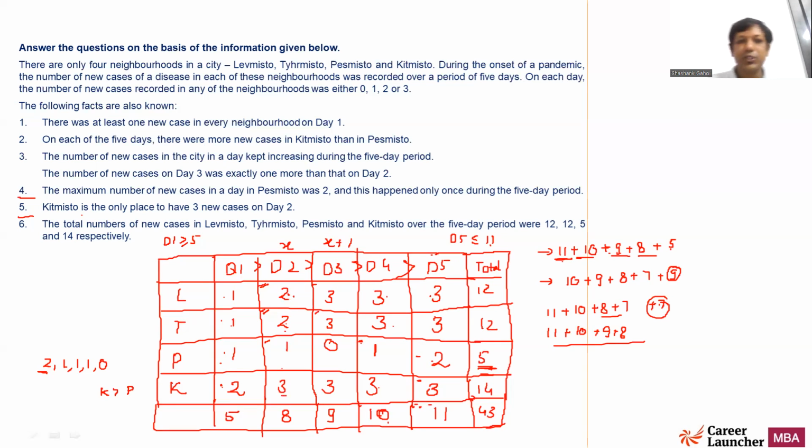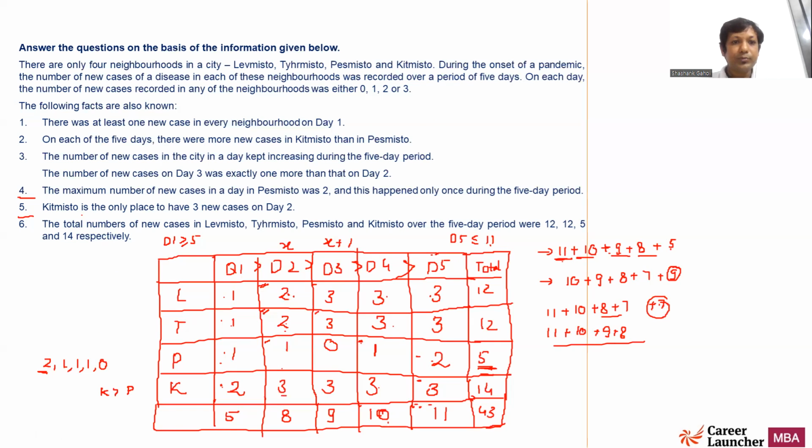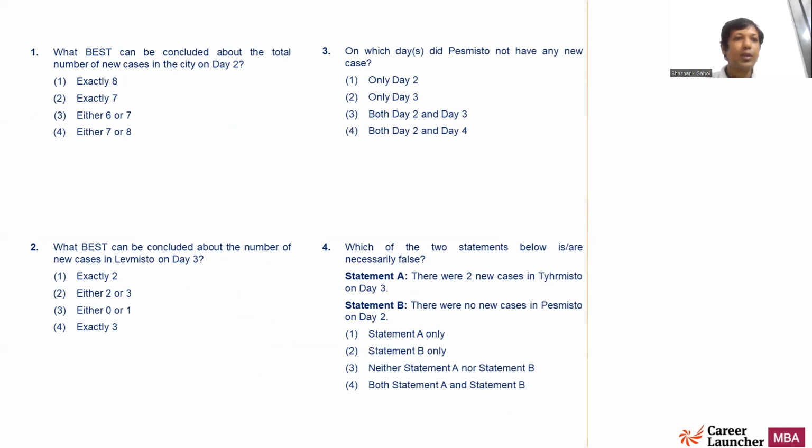Now can I answer all the questions? Yes. What best can be concluded about the total number of new cases in the city on day 2? So on day 2, total number of cases is going to be exactly 8. I have already calculated the answer for this one. What best can be concluded about the number of cases in L on day 3?